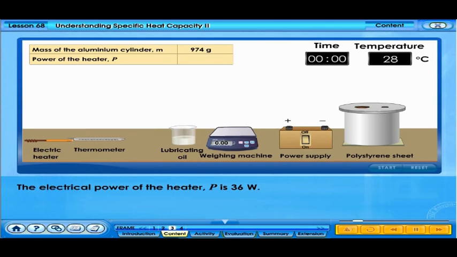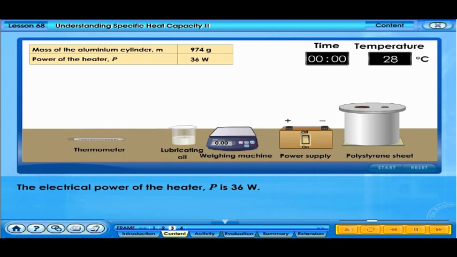The electrical power of the heater is 36 watts. Drag and drop the electrical heater into the large cavity in the center of the cylinder. Drag and drop the thermometer in the small cavity of the aluminium cylinder.